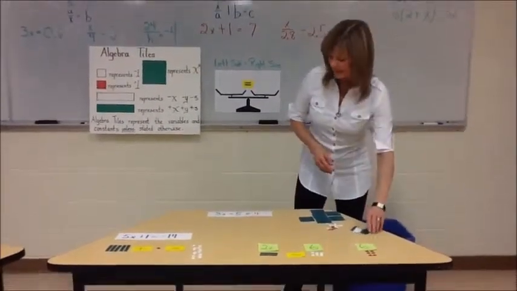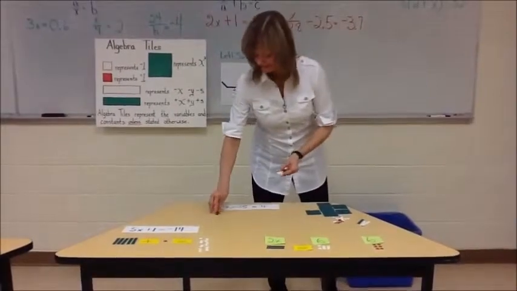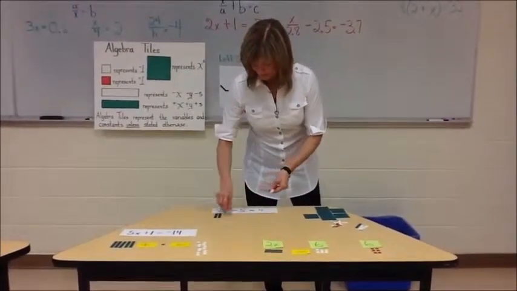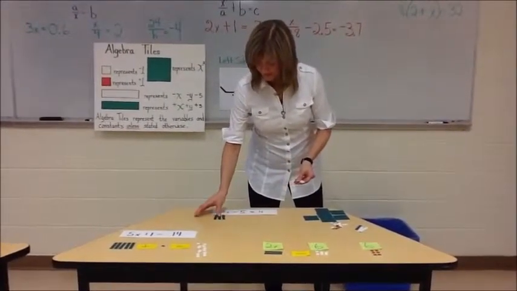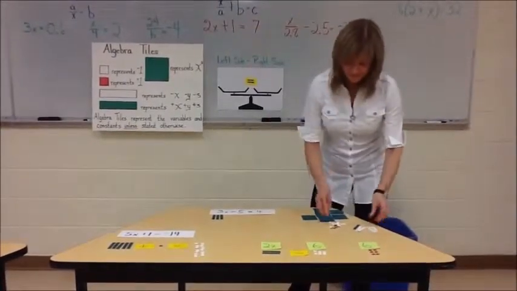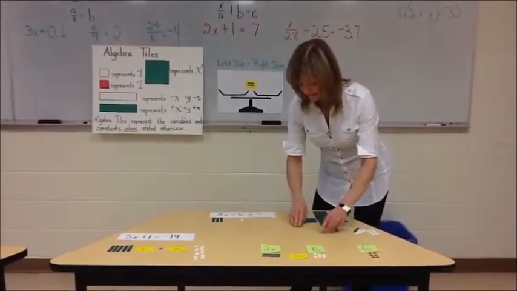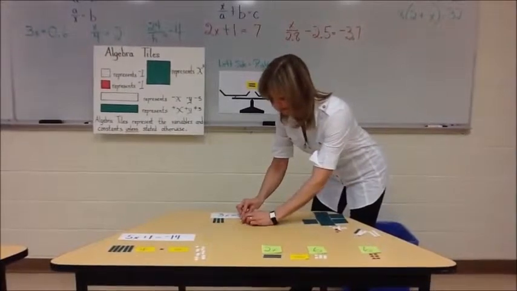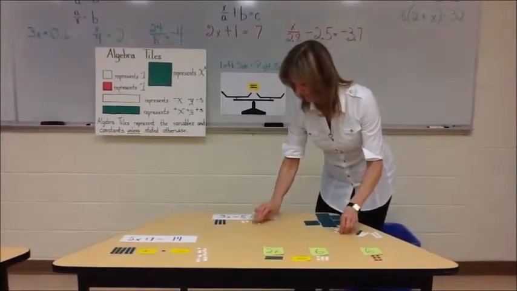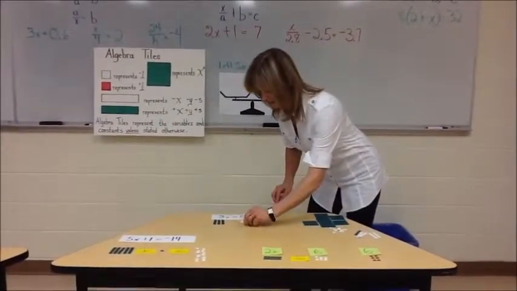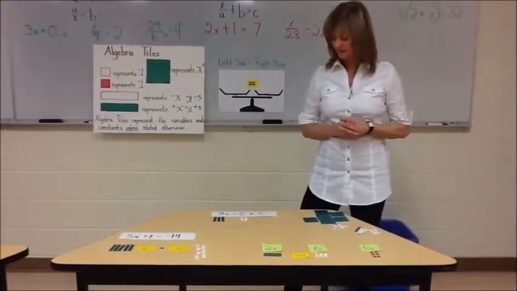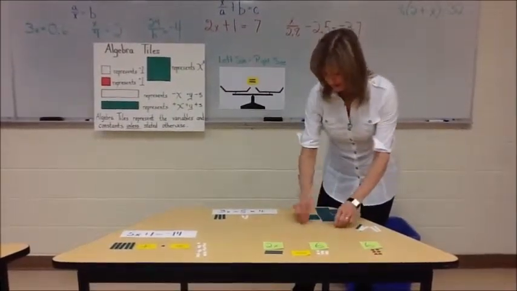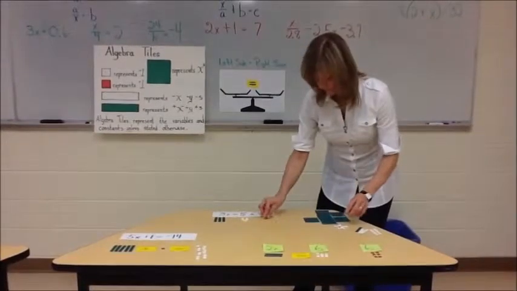So if you have 3x, you're back to creating 1, 2, 3. But again, it's negative 5. So you're using the white side, and you have to pull out 5 of these algebra tiles. Those represent your negatives, equals, and now we have 4.